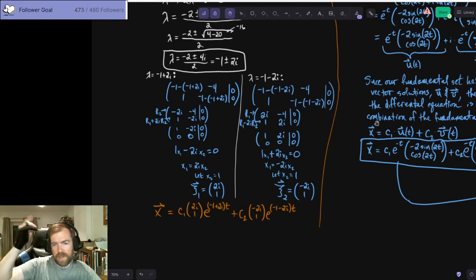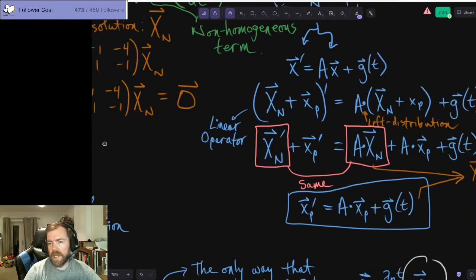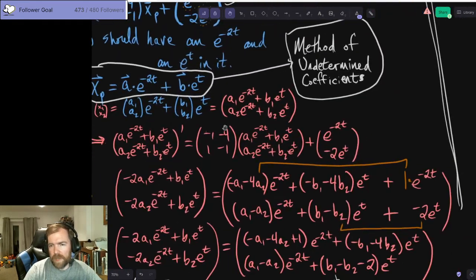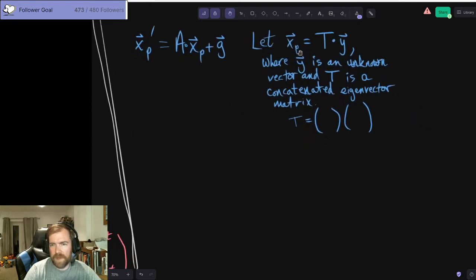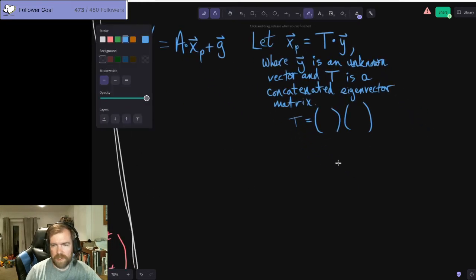So it was 2i, 1, and negative 2i, 1, and use those instead. This is actually more likely what's going to happen in the first place. If you're going to be doing this method, you're going to be plugging a bunch of this stuff into a matrix calculator. You're not going to sit there and do it by hand.